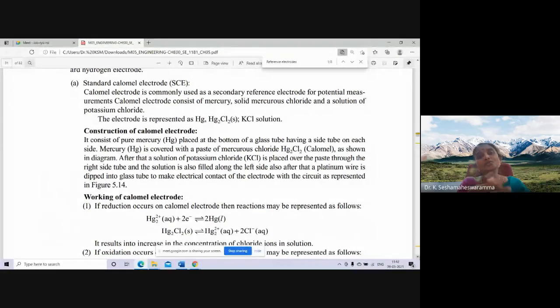Hence, the electrode is represented as Hg, Hg2Cl2 (mercurous chloride, solid), and potassium chloride solution. How can we construct the calomel electrode? It consists of pure mercury placed at the bottom of a glass tube having a side tube on each side, like this.